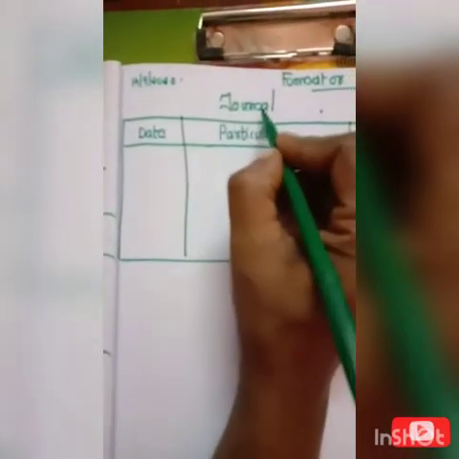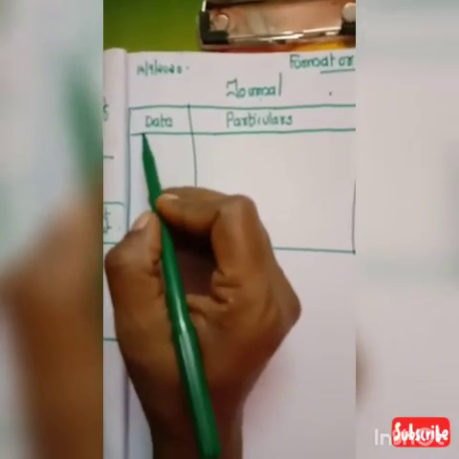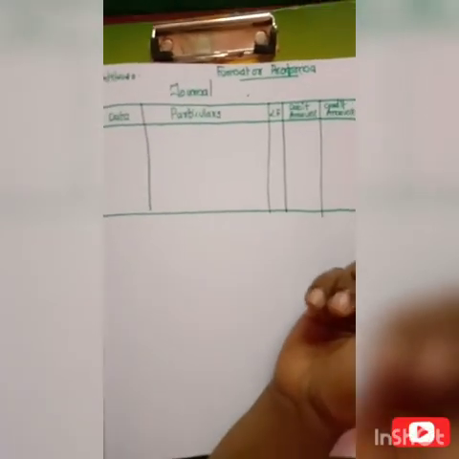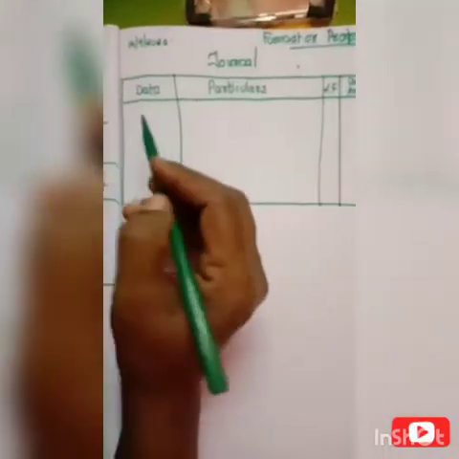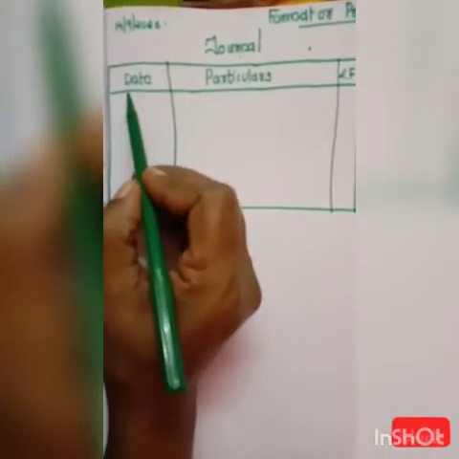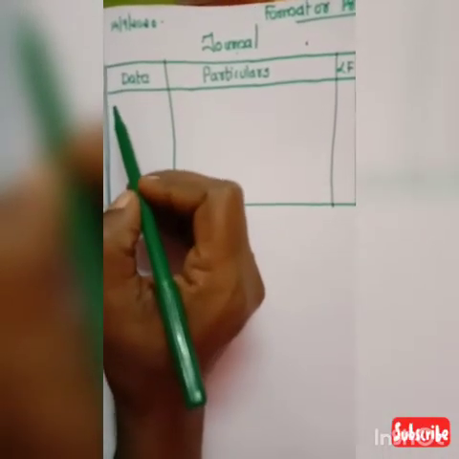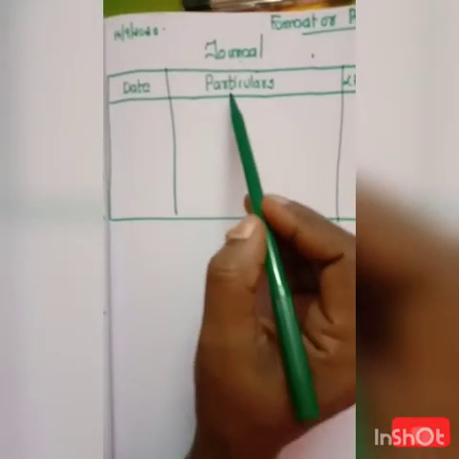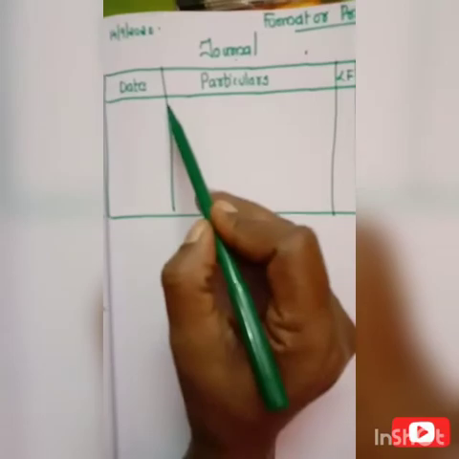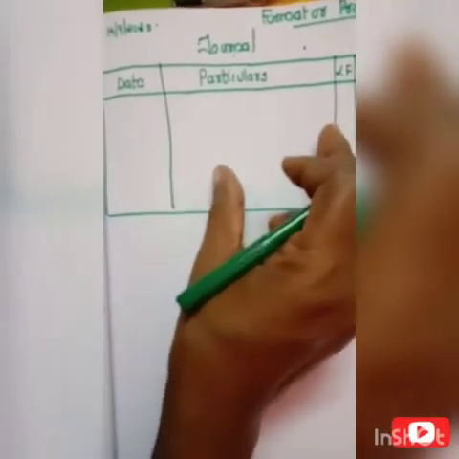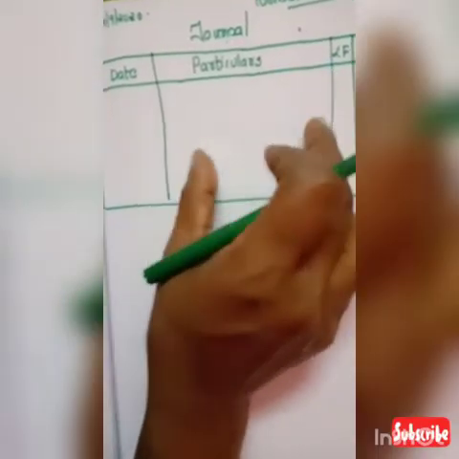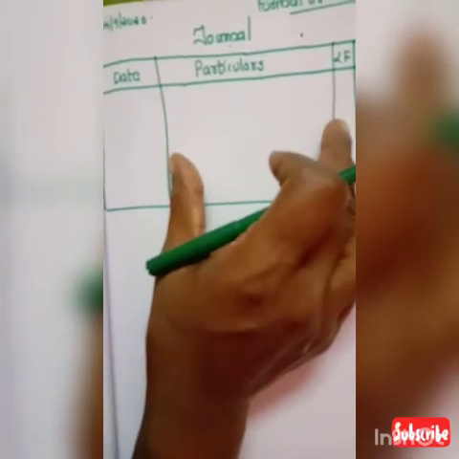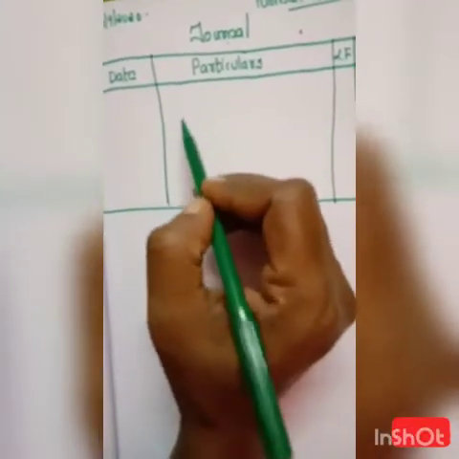Here in the middle we are representing the heading, journal. We can draw the journal like this. The first column represents the date, that is the date on which each transaction is recorded in chronological order. Then the particulars column. Much more width is needed for this column because we are writing the journal entries here.